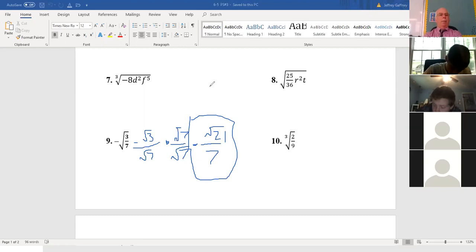Does that make sense? Okay. This is a good little bonus problem because it's got a little trickery with it, right? So we've got a cube root. What is 9 to you? Tell me something about 9.